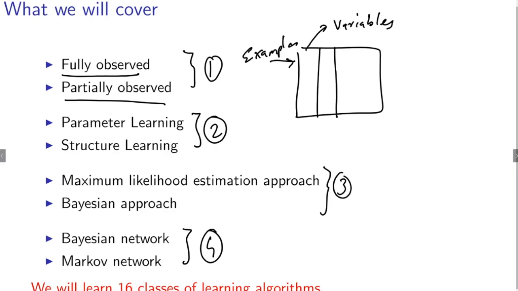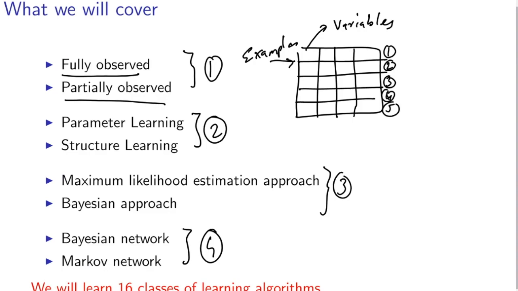We say that a dataset is fully observed if all variables in the graphical models are observed in each example of the dataset. So for example, if you have a dataset which is, let's say, defined over 4 variables and has 5 training instances or 5 examples, and each example is such that each variable is known.